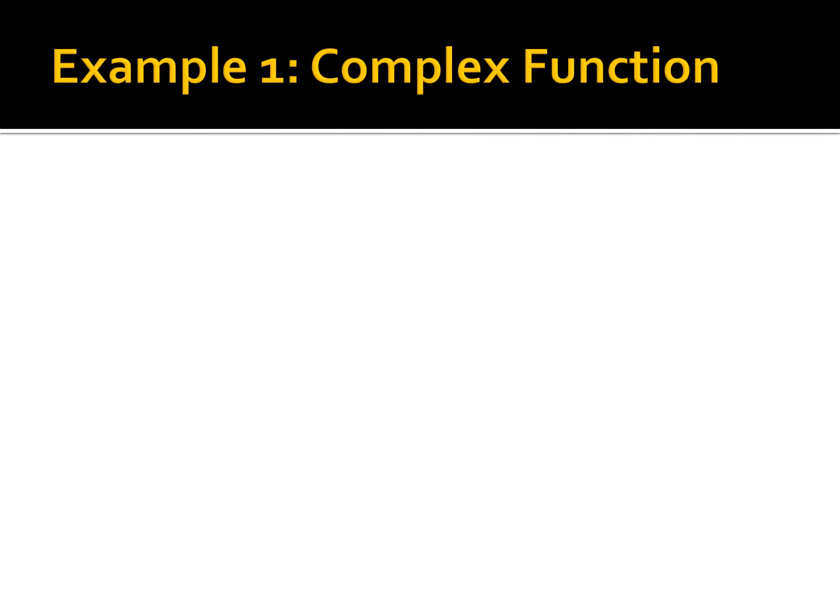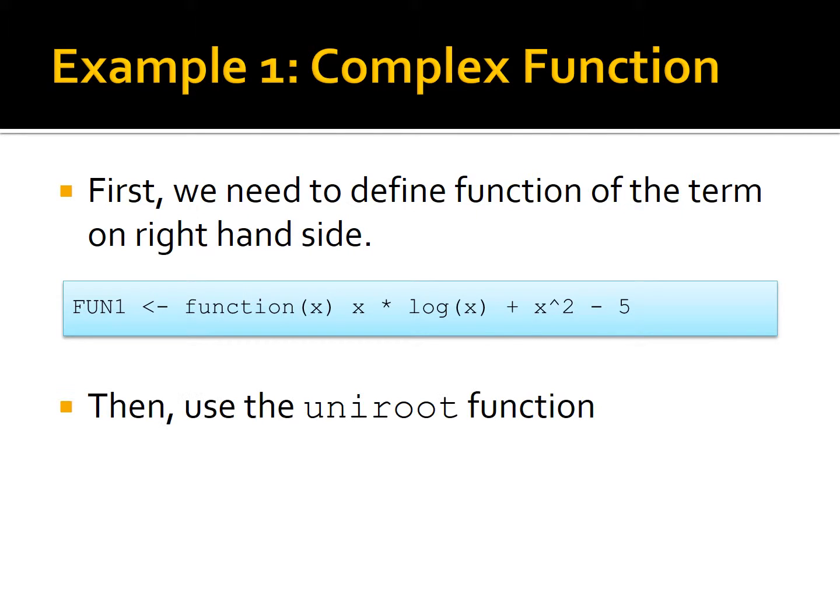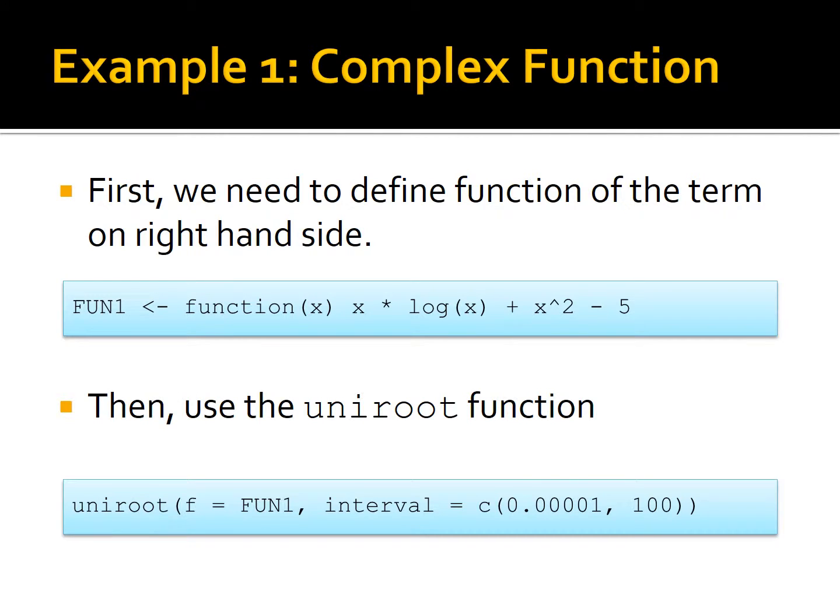First, we need to define the function of the term on the right hand side. I call it fun1, defined as a function of one argument x. Then I put x times the logarithm of x plus x squared minus 5. Then I use the uniroot function to find x such that the outcome of the function is 0.